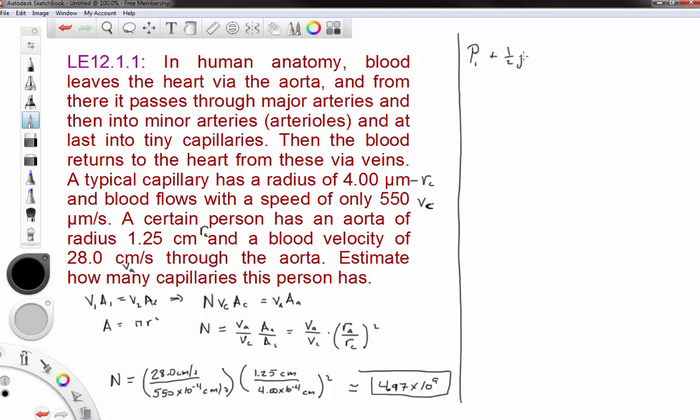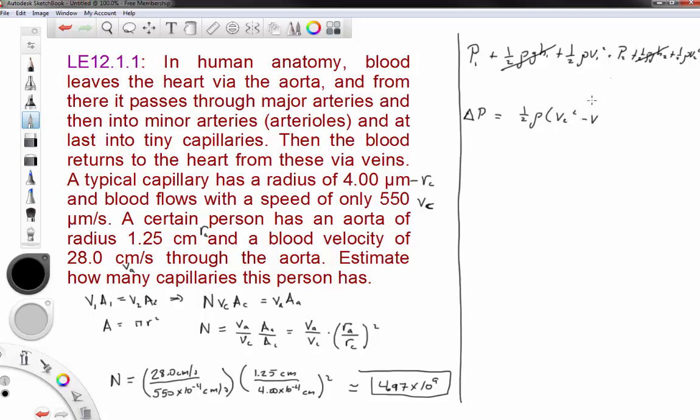But P1 plus rho g h1 plus 1/2 rho v1 squared is P2 plus rho g h2 plus 1/2 rho v2 squared. And again, we're going to make the simple estimate that the height is more or less averaged to be the same. So we're not factoring height into this. So the change in blood pressure should be 1/2 times the density times the change in the blood speed from capillary to aorta.